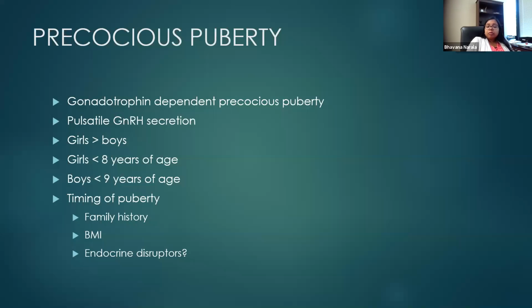Of course, timing of puberty is dependent on many factors, including, as we've talked about, family history. I think BMI these days is causing children to go through puberty a little bit earlier than a couple of decades ago. And then there are possible endocrine disruptors in the environment.